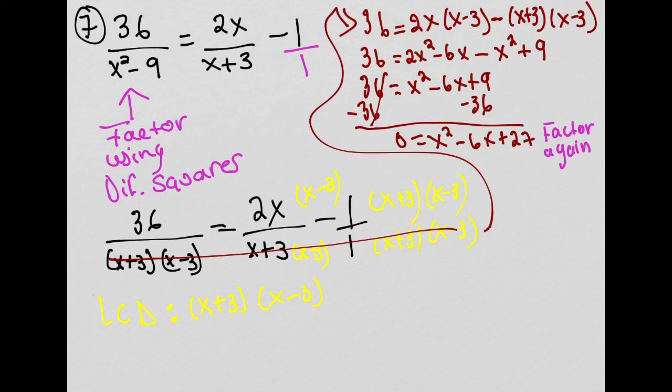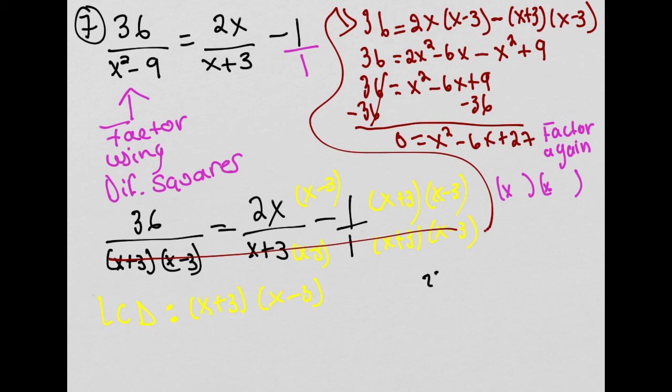Okay, factors of 27 that add to 6. Ooh, factors of 27 that add to 6. Let's see. 27. Oh, why is it like that? No, it's this.